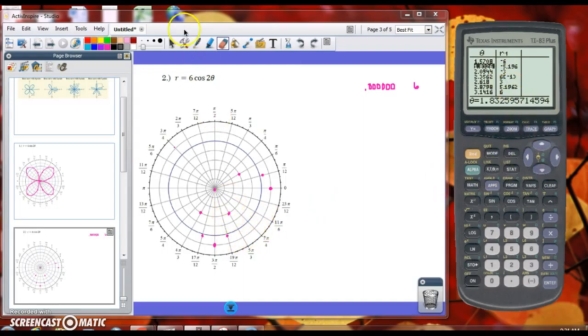I did negative 5.3, and I did negative 3 at 2 pi over 3, and then at 3 pi over 4 I was back at 0. Then at 2.1, I'm at 3. I just had mine off a little bit. I was off by a tiny bit. 5.2, 6, 5.2, and 3. I was just off from my table slightly.